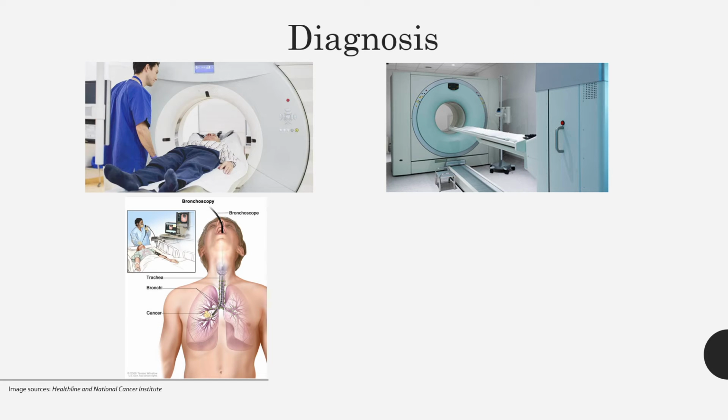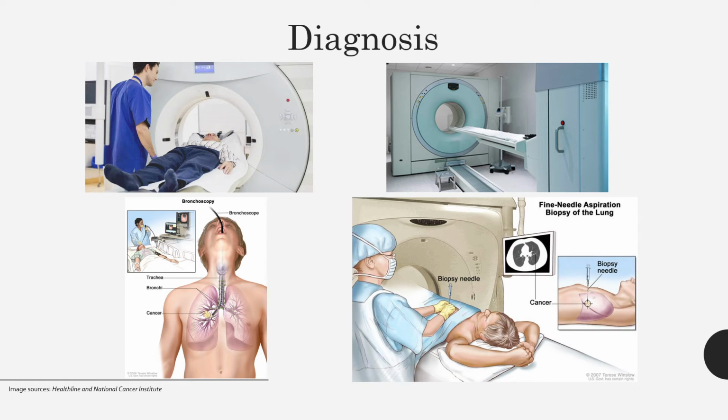Bronchoscopy can also be done where a scope is inserted into the throat for visual examination of the airways, as you can see on the bottom left. Sometimes, a biopsy can also be done whereby lung tissue or lung cells are taken out to be looked at under the microscope.